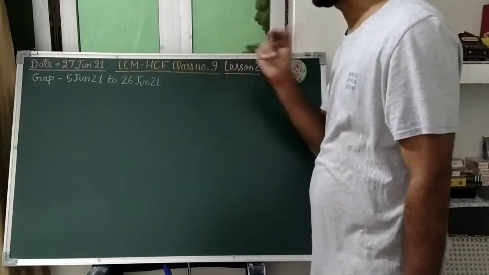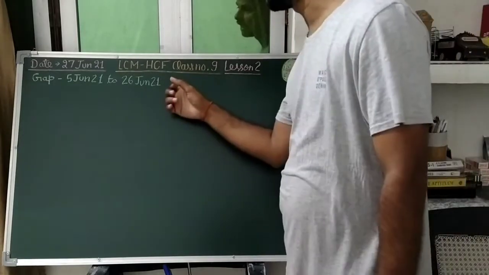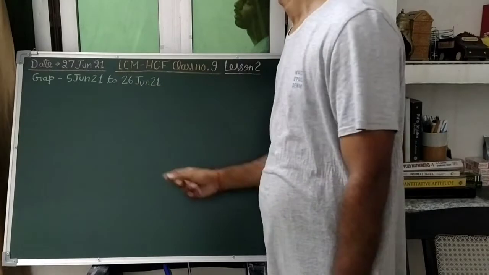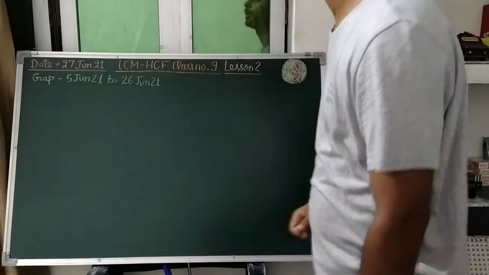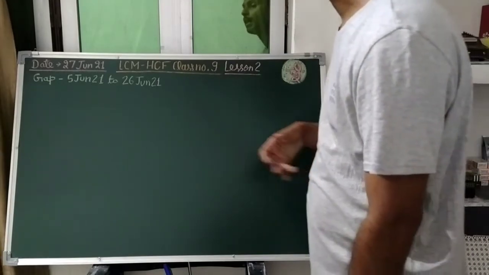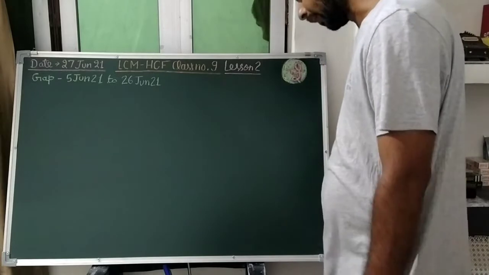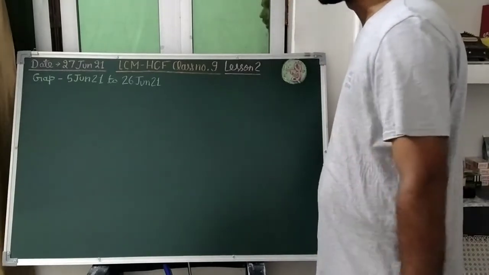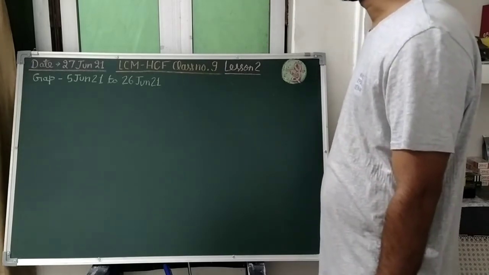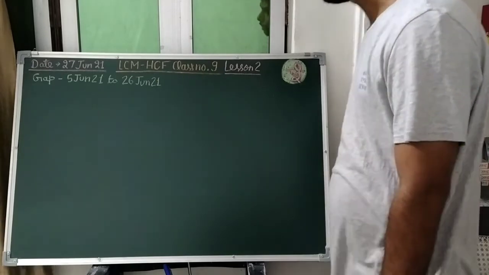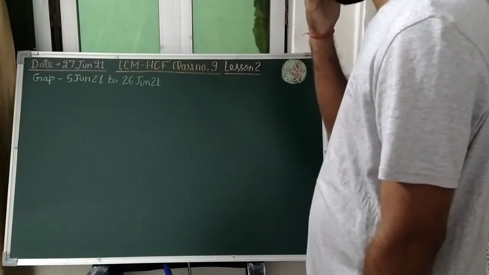Before that, you can note down that there was a gap from 5th June 2021 to 26th June 2021, and today's date is 27 June 2021.